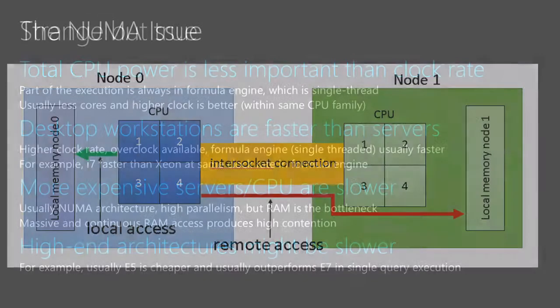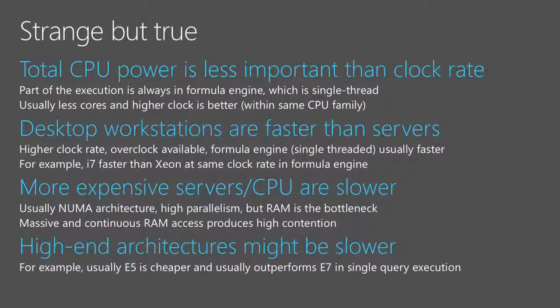The other problem is that usually you buy an expensive server and it is slower because it has many sockets, many cores, and is optimized for virtualization. And when you virtualize, having more sockets is good. For Tabular, it is not good. Another detail, the E5 architecture of Xeon is usually cheaper and could be faster than E7.